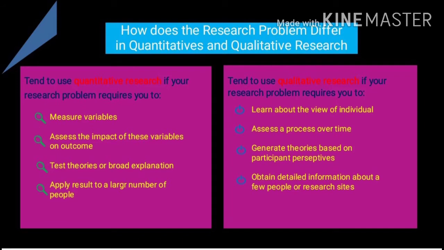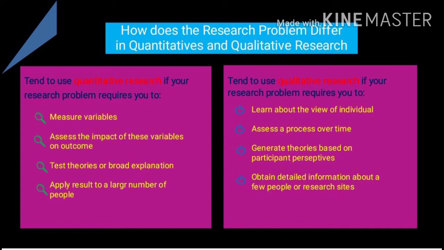Okay, now let's see the difference between quantitative research and qualitative research. In quantitative research, you use a measured variable and assess the impact of the variable on an outcome. Whereas in qualitative research, you learn about the views of individuals and the process as it exists over time.